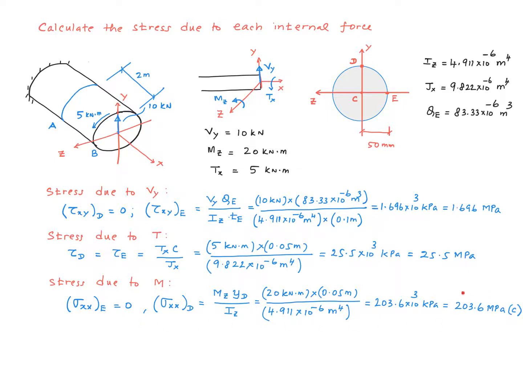So that leads to a value of 203.6 megapascal, and from the direction of the bending moment, you can see that since point D is above the neutral axis, that point is going to be subjected to a compressive stress.